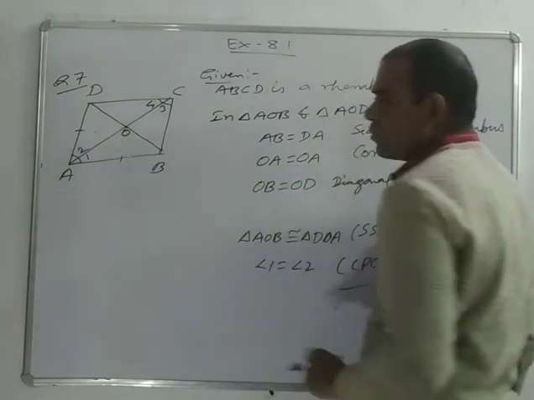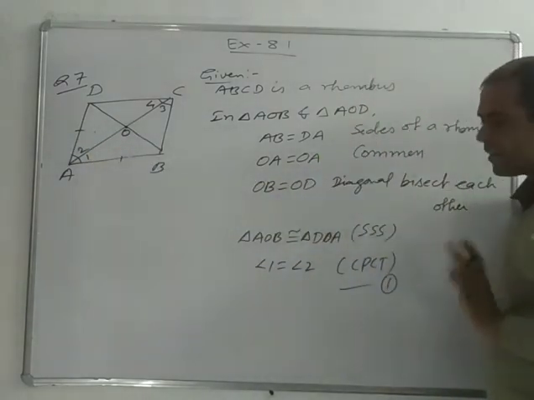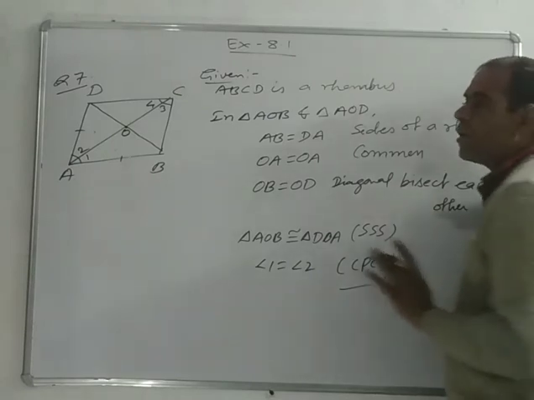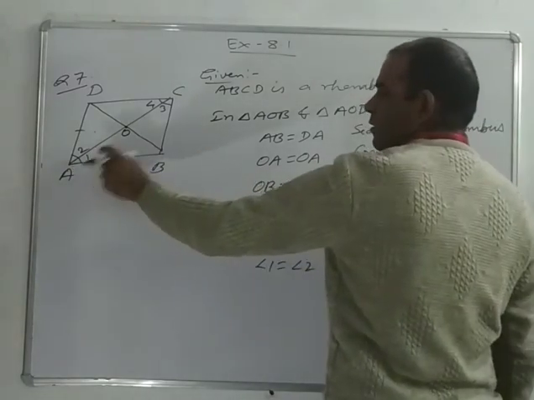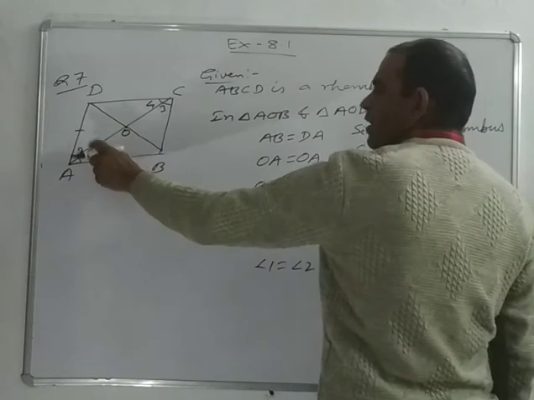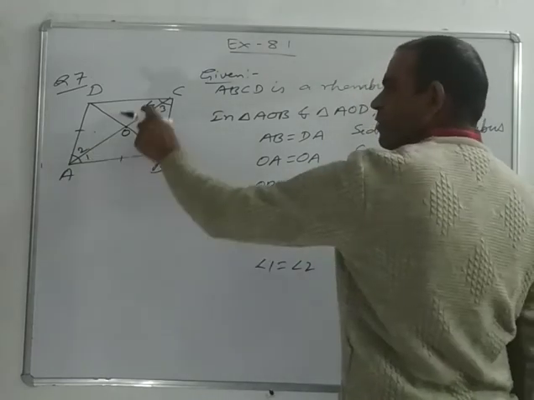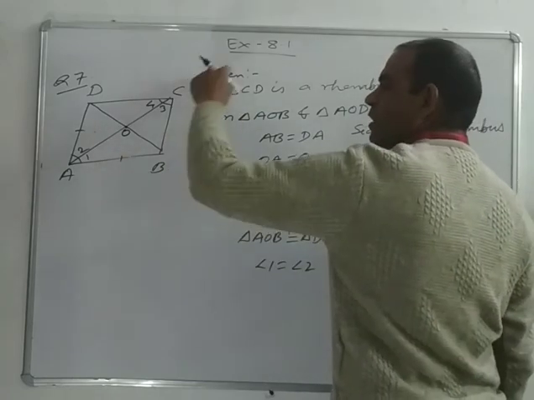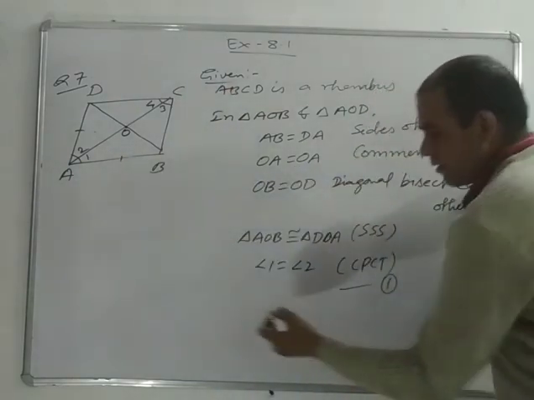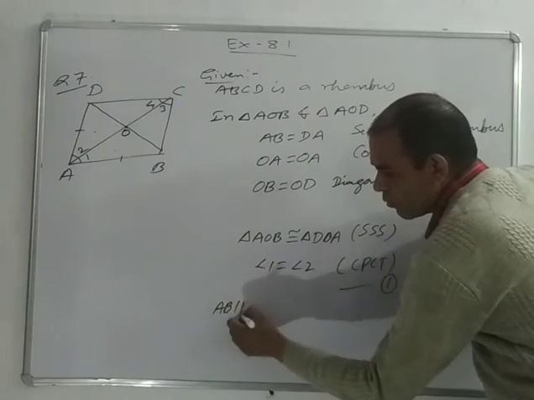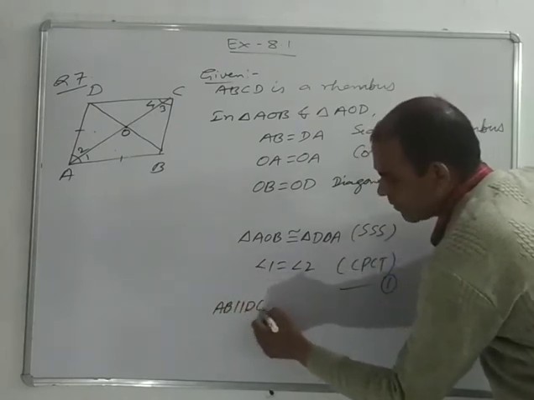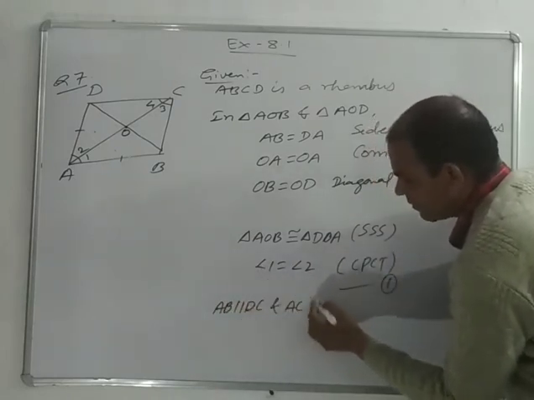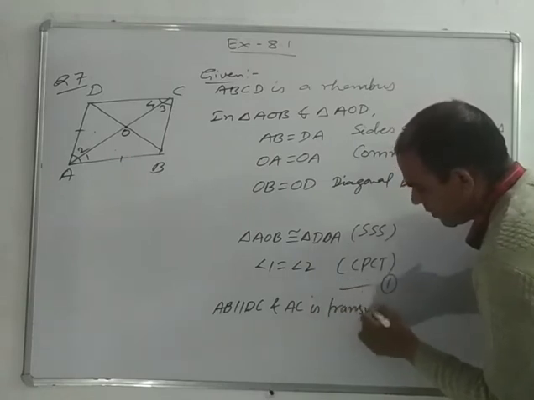Angle 1 equal to 2, so AC bisects angle A. It is proved. Again, angle 1 equal to 4 and 2 equal to 3. Why? These are parallel and alternate interior angles. AB is parallel to BC and AC is transversal.